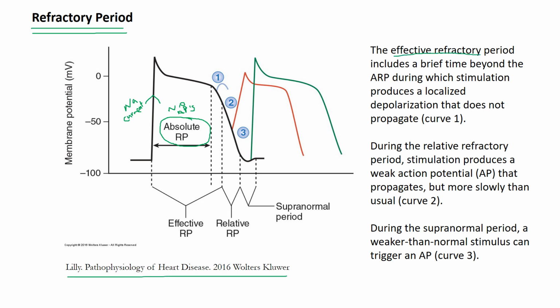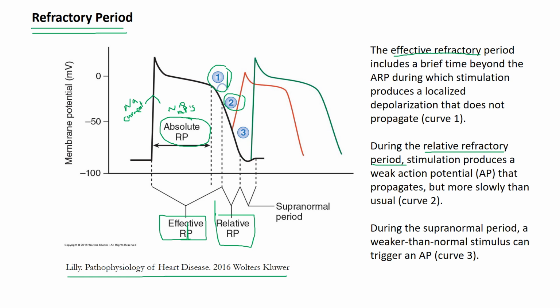During this effective refractory period, you can get a little something if you stimulate the cell, but you can't get enough sodium current to depolarize enough to get an action potential that can actually propagate throughout the myocardium. There's also a thing called the relative refractory period. If you stimulate in this period, the sodium channels have recovered enough to give you a weaker than normal action potential.